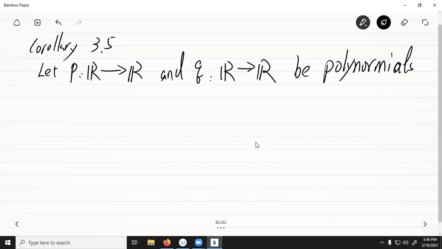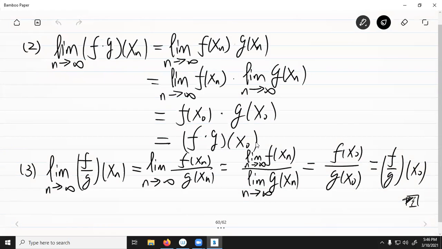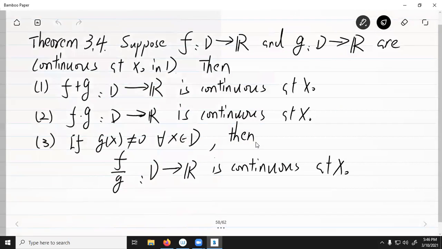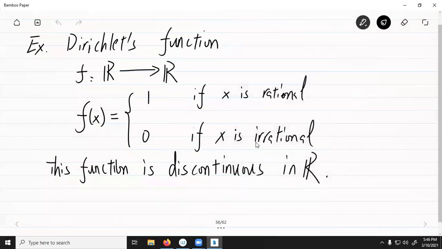Why do we call it a corollary? That means you can derive this result directly from the previous theorem. Since these are polynomials, we know a polynomial is continuous everywhere, right? You can always prove that because the first example tells you that.